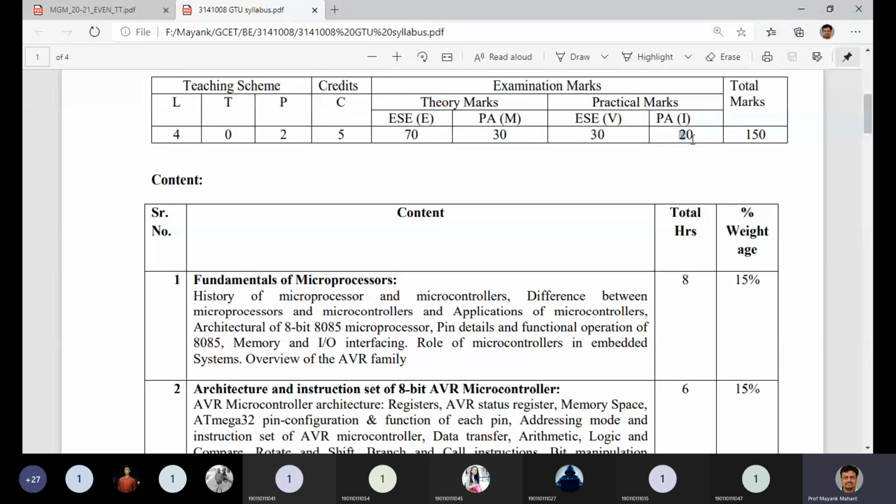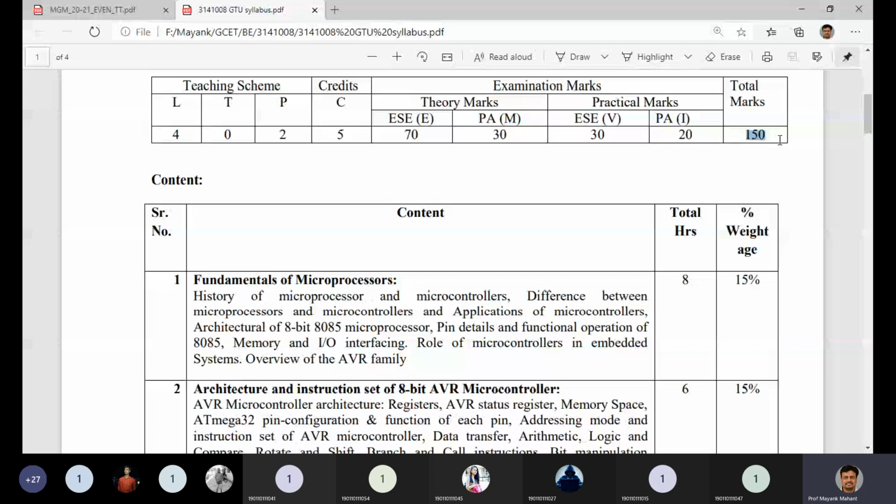Then 30 marks which we used to have in the form of a mid semester examination. The end semester evaluation is a viva, which would be of 30 marks, and your internal term work submissions, attendance and all that would be included in 20 marks. So in all you have 150 marks for the subject, which has 5 credits.